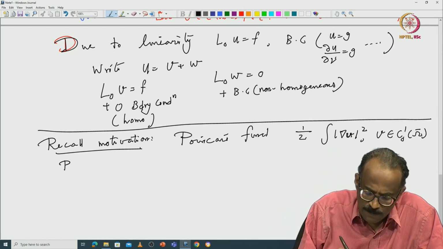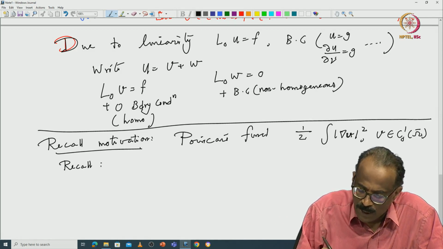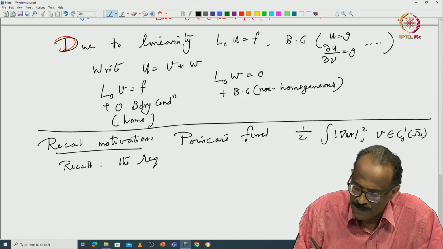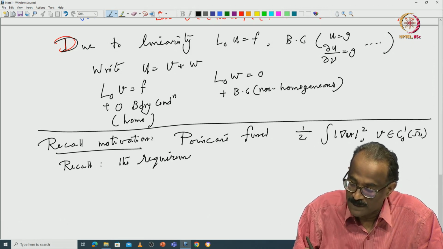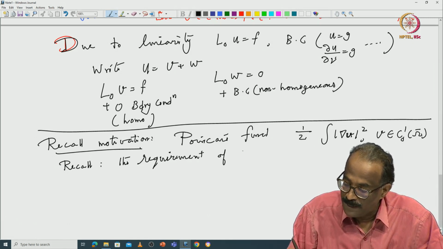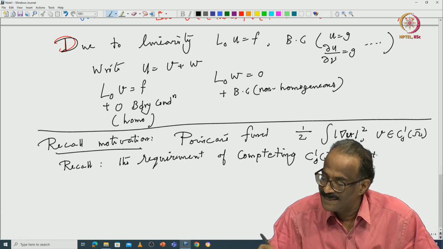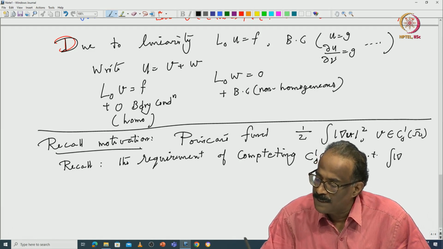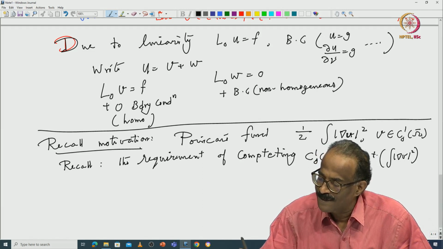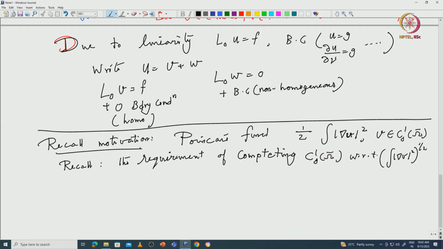And just recall the requirement of completing C1 naught of omega bar with respect to this Dirichlet norm, grad v squared whole power half, or with respect to the H1 norm, whatever you call it, which gives you your space H1 naught of omega.